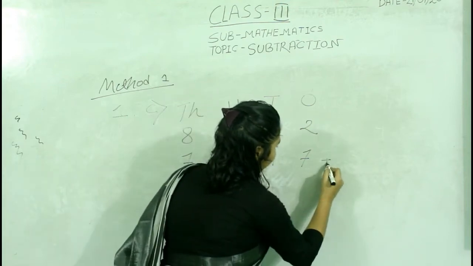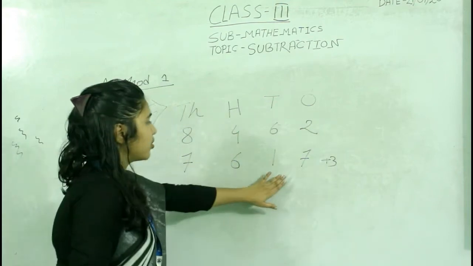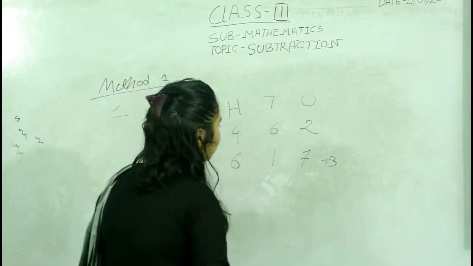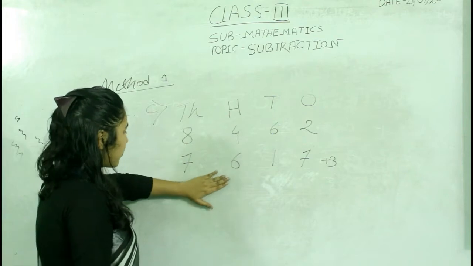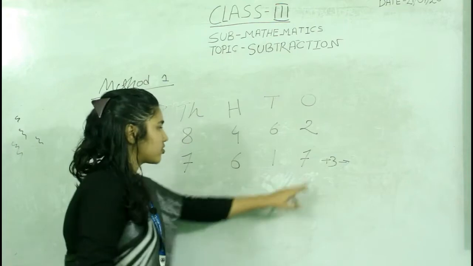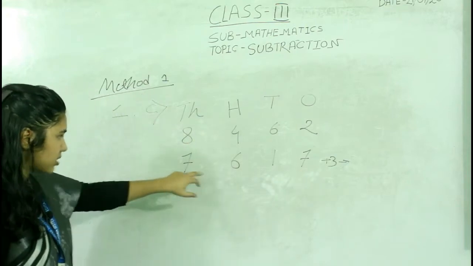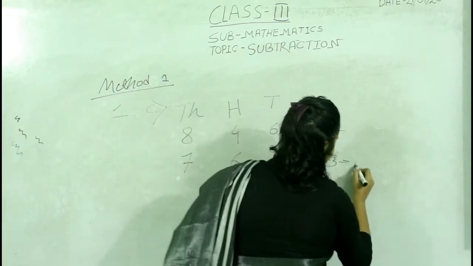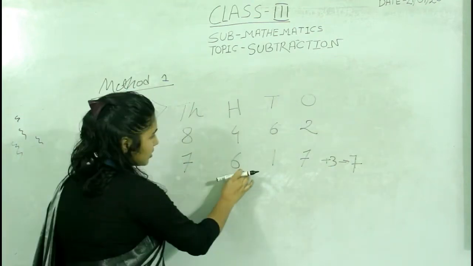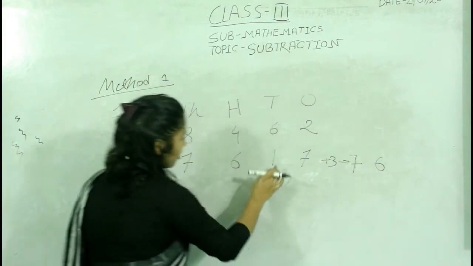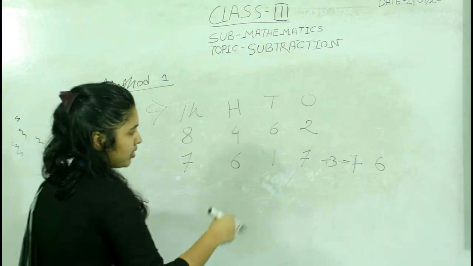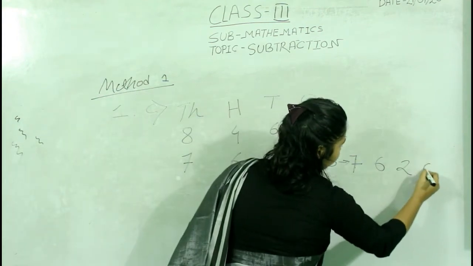Now, don't subtract, add 3. With 17 add 3, we will get 20, right? So it has more zeros than 7617. So if we add 3 with 7617, we will get 7620.